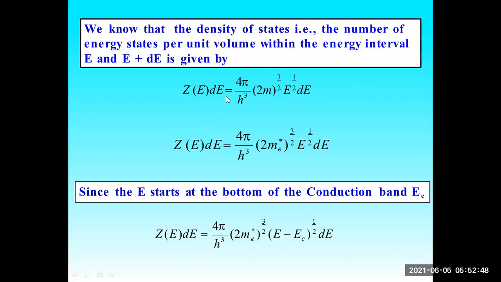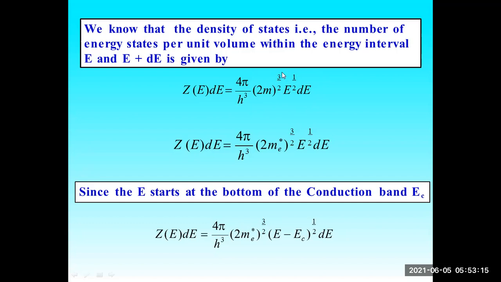Now this is the formula. The mathematical relation of the density of energy states has already been derived. We are not going in depth into that derivation of how Z of E dE comes to this particular equation. We just consider that relation, and you should memorize it.